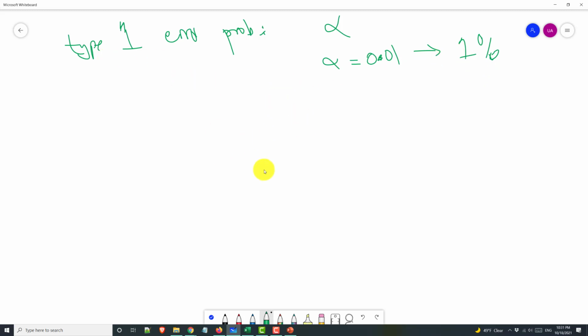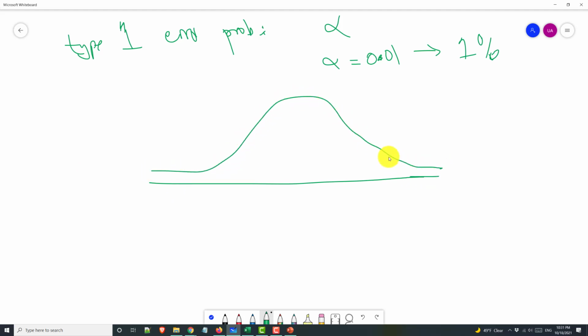Type 1 error of alpha means that in the normal probability distribution, you split alpha into 2 parts. You put alpha over 2, half of the alpha probability, in the right tail, and the other half, alpha over 2, in the left tail.